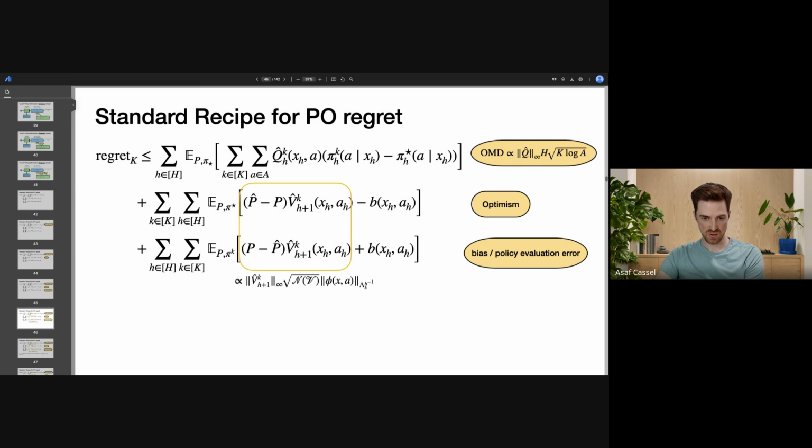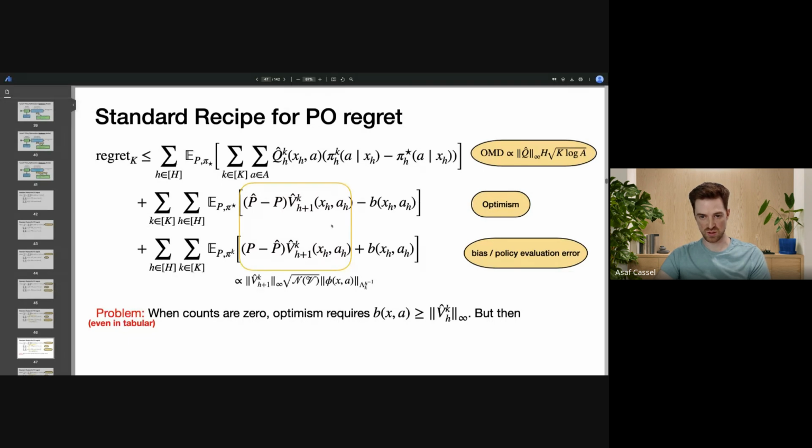This just measures the difference between our value estimates and the true value estimates of the policy pi k. Okay, so these two terms, as we showed in the previous slide, as long as V hat is indeed in our function class, behave more or less as the size of V hat times the log covering number times this elliptical potential. Okay, but the issue is we want the optimism term to be less than or equal to 0 for all times.